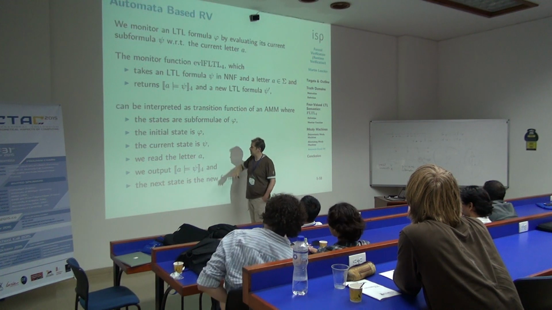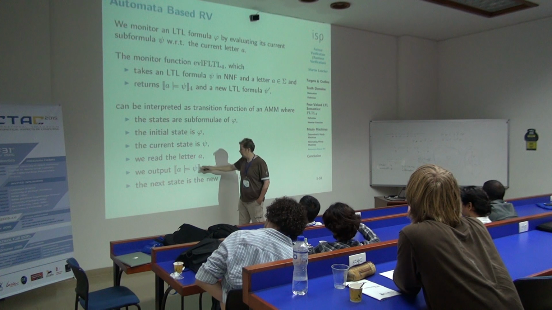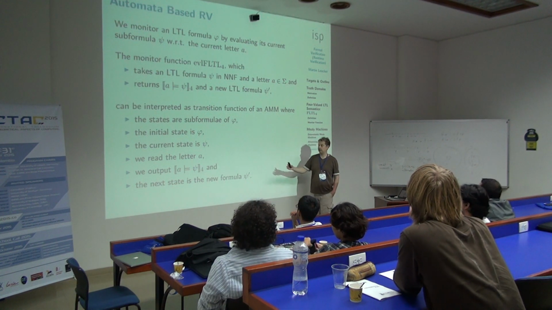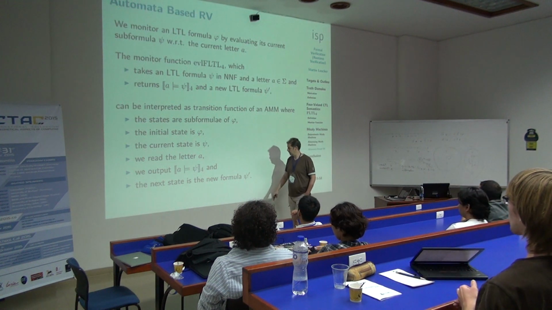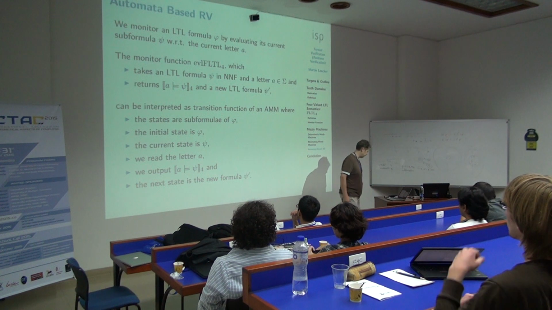So if we're in a current state psi, we read a letter A, and the output is what we get according to the eval function. And the next formula is this phi prime, that is given by the eval method.